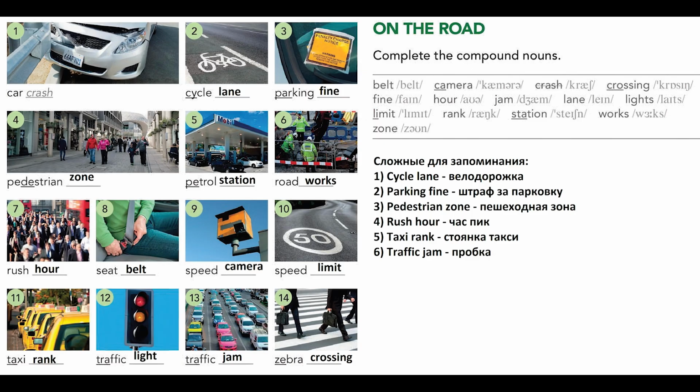Rush hour. 8. Seatbelt. 9. Speed camera. 10. Speed limit. 11. Taxi rank. 12. Traffic lights. 13. Traffic jam. 14. Zebra crossing.